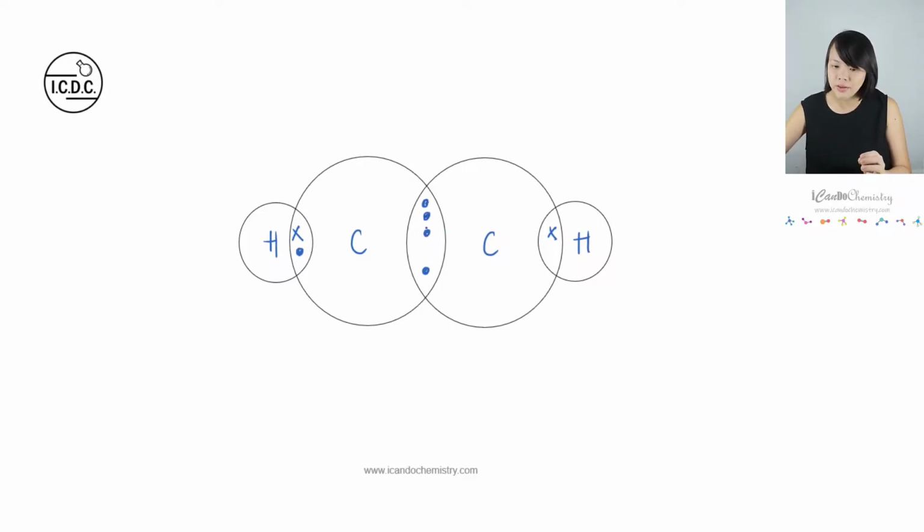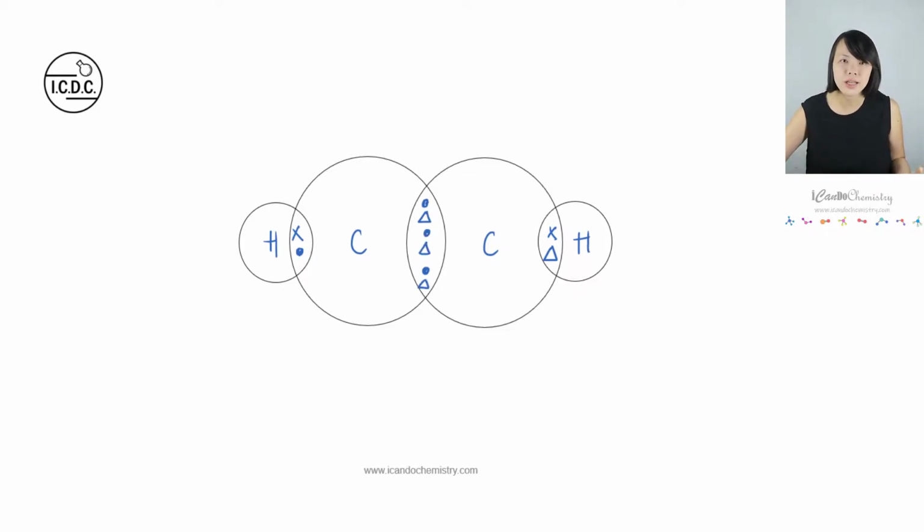If not, over here I will have 6 dots. It's going to be very confusing. So what I can do is to use a different shape to represent the electrons of this particular carbon. I can just use a triangle, and the remaining 3 electrons are over here.